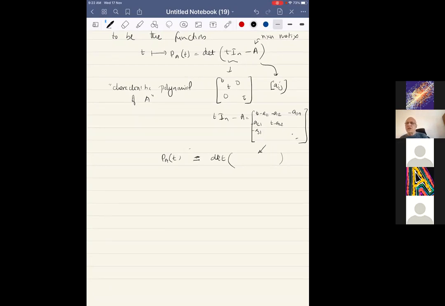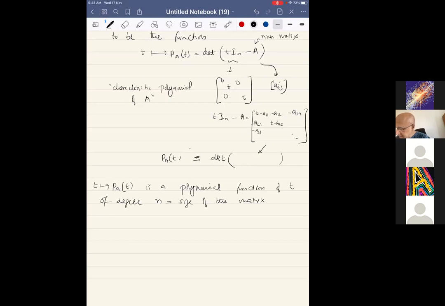It is a polynomial function of degree n in t, and remember, we are looking at n by n matrices. n is the size of the matrix. So if I look at 10 by 10 matrices, this function will be of degree 10.